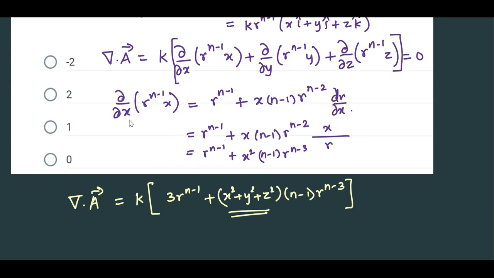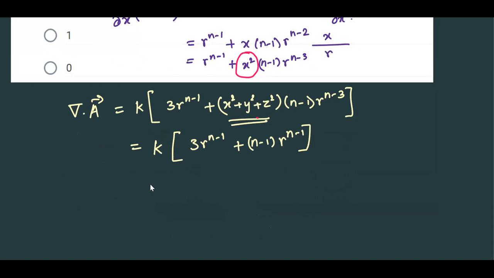In the other two, we do the partial derivatives with respect to y and z, and we get y² and z². So when we add, x² + y² + z² is r², and we get 3r^(n-1) plus (n-1) times r^(n-1). So what we get is k times (3 + n - 1), that is (n+2), times r^(n-1). Del dot A is this.